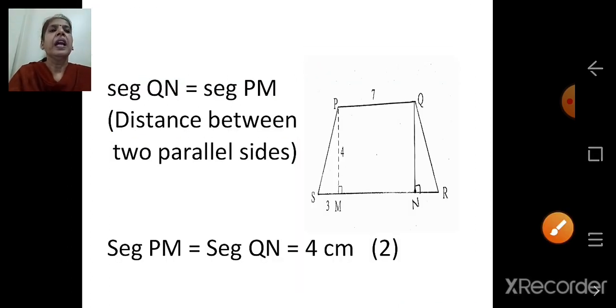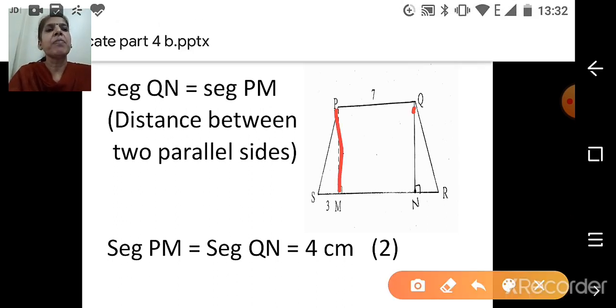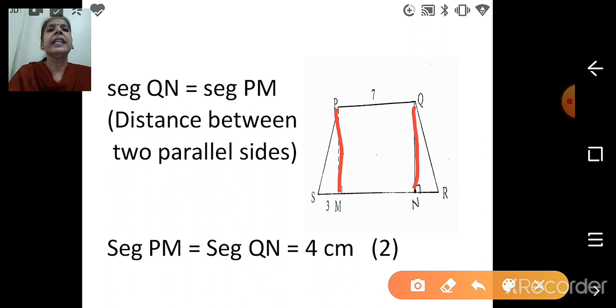Now, as we have seen, segments PM and QN have become parallel and they are the distance between two parallel lines. Segments PM and QN are between the two parallel lines, so they are the height of the trapezium. And what are parallel lines? Parallel sides, that is, sides that do not intersect each other.